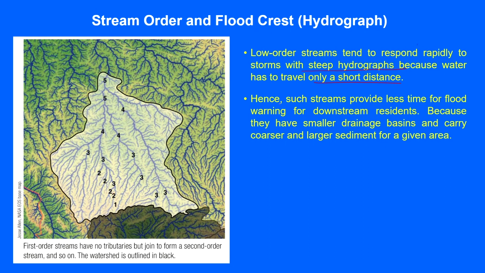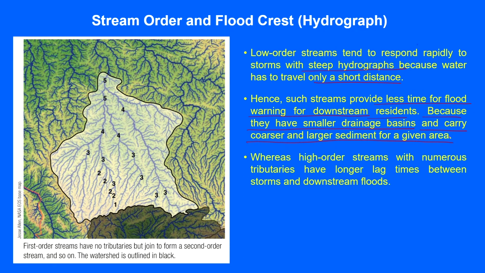Hence such streams provide less time for flood warning for the downstream residents, because they have a smaller drainage basin and carry coarser and larger sediments for the given area. Whereas the higher order streams with numerous tributaries have longer lag time between the storm and the downstream flood.